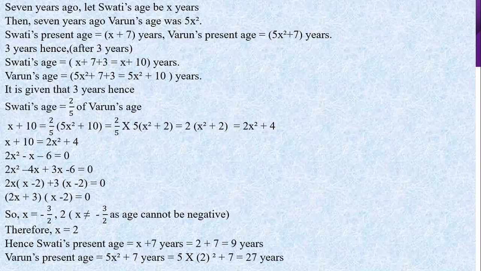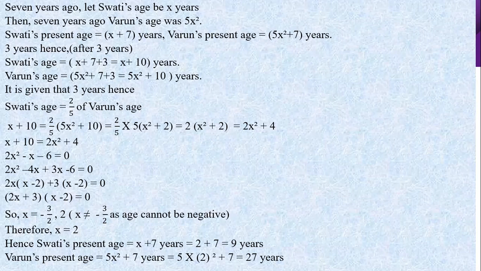Now we will assume that the age of Swati 7 years ago as x years. Then Varun's age 7 years ago was 5 times the square of Swati's age. So Varun's age 7 years ago is equal to 5 into x square.